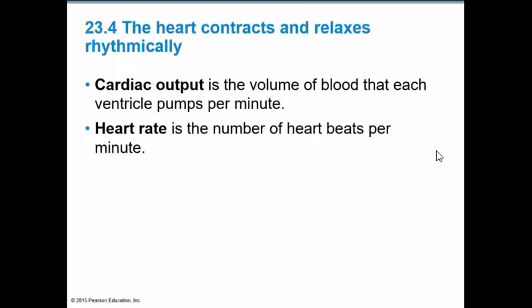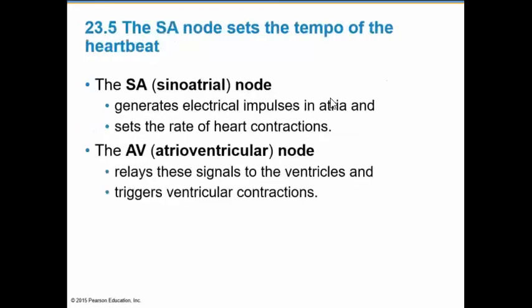Now, the heart does this on average 72 times a minute. So cardiac output is a term that refers to the volume of blood that each ventricle pumps per minute. And heart rate is the number of heartbeats per minute. Now, there is a structure called an SA node, and it sets the tempo of the heartbeat.